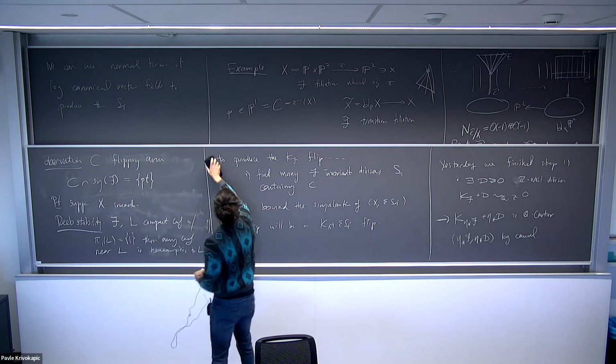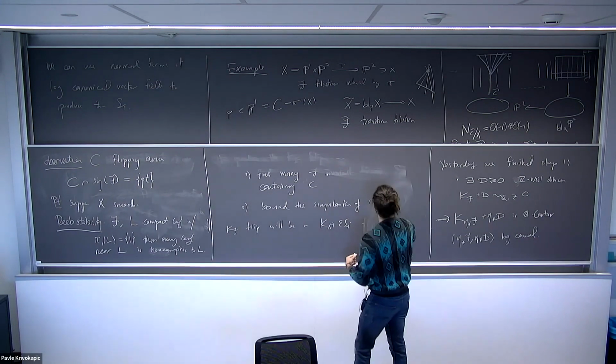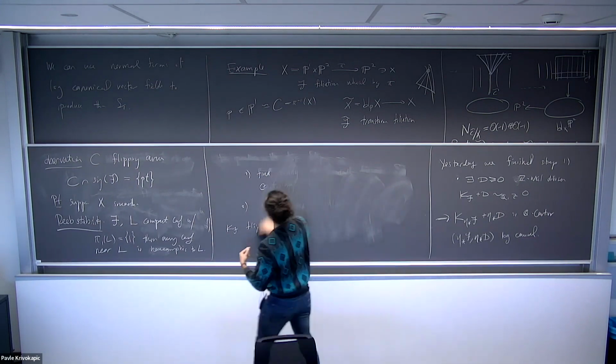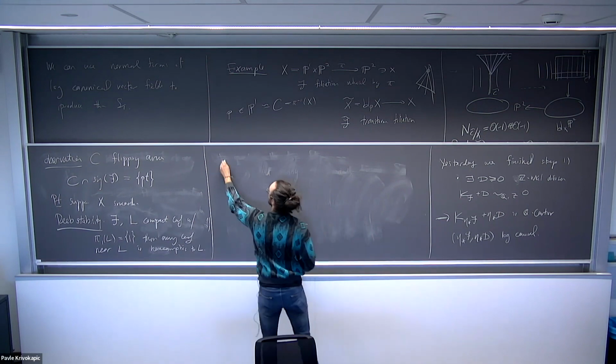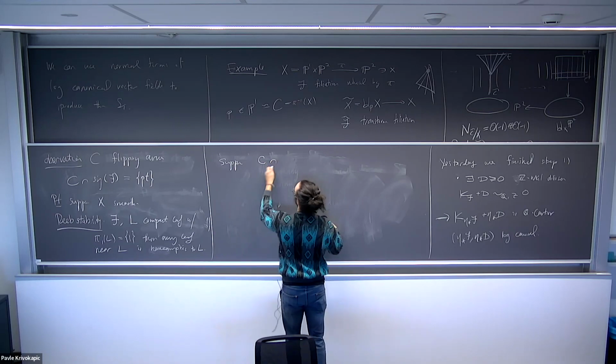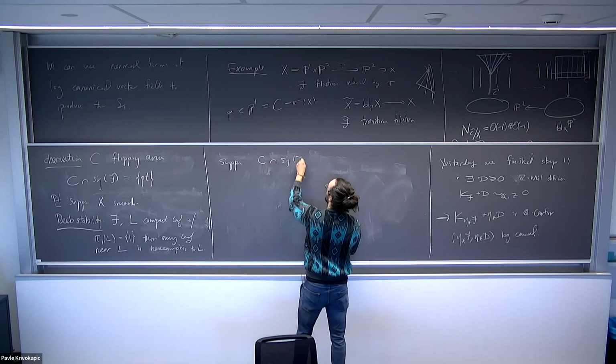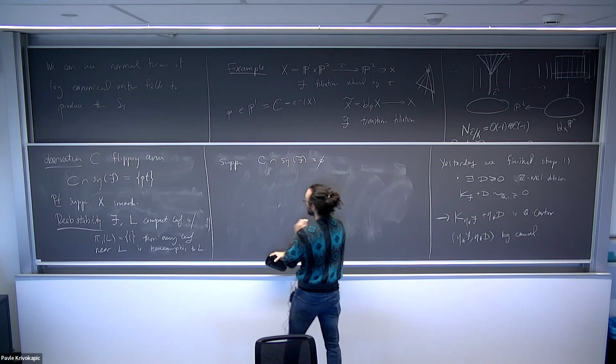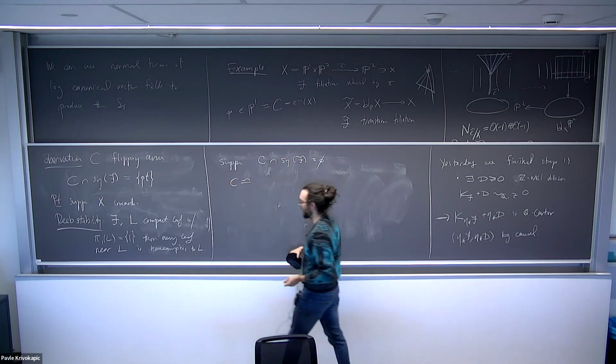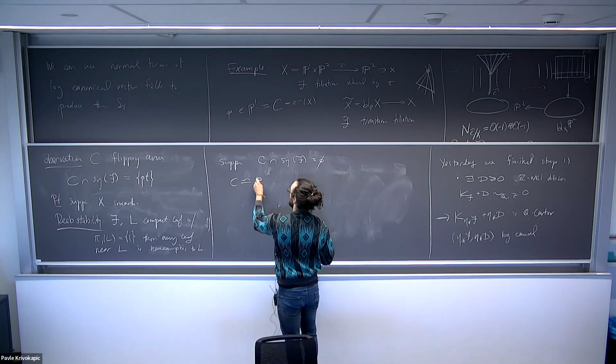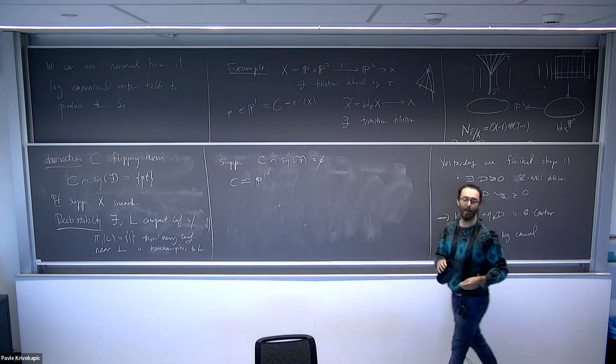And so what we see is that, suppose that C was disjoint from the singular locus of F. Well, we know by what Powell was telling us yesterday, C is a rational curve. In fact, it has to be a smooth rational curve.